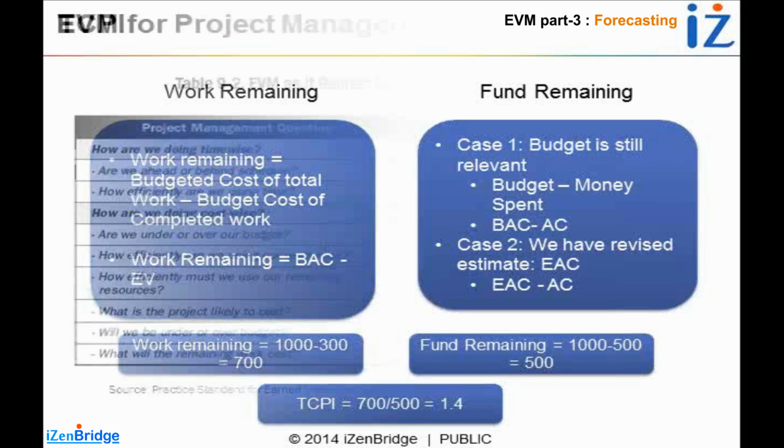Estimate at completion: what is the project likely to cost? At what cost do we think this complete project will finish? Variance at completion: at the end, will it be under or over budget?